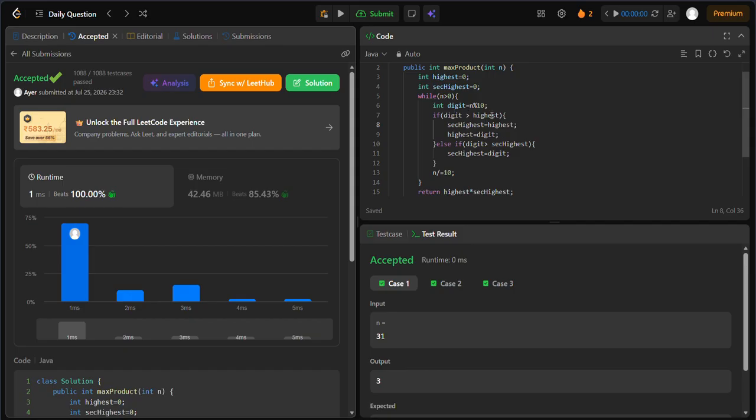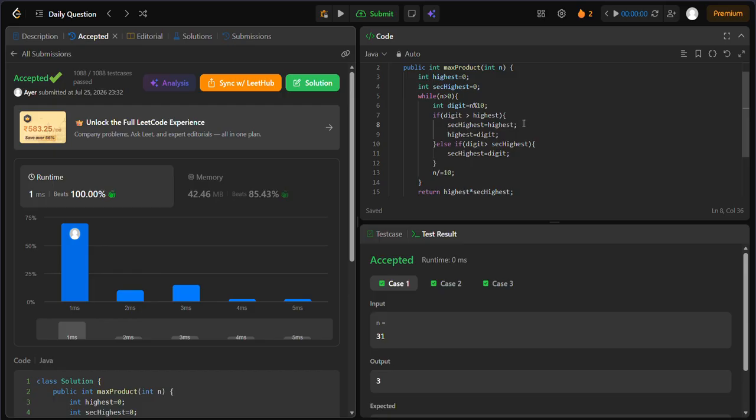So 3 is greater than 1, which is true. We had 3 in the highest position. But this didn't work because of else if, that's it, right? So here what happened is highest is 3, 3 into 0 is 0. That's why we got the answer as 0. I hope the explanation is correct.